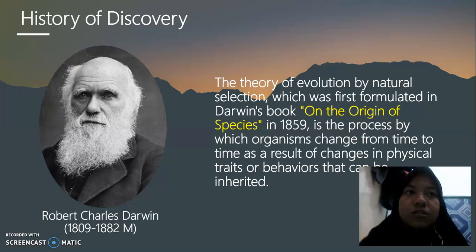The theory of natural selection has the concept that species that successfully adapt well will continue to survive, while those that cannot adapt will become extinct.